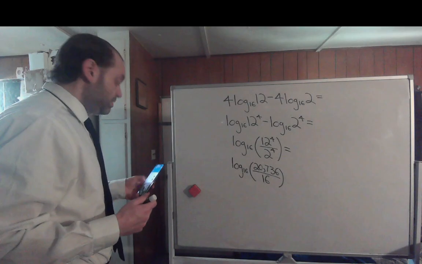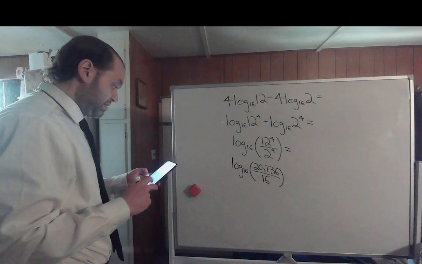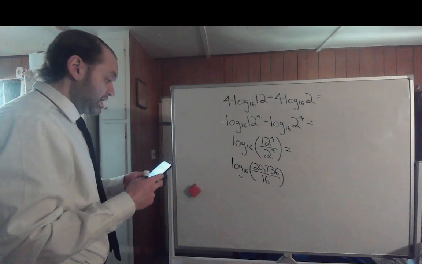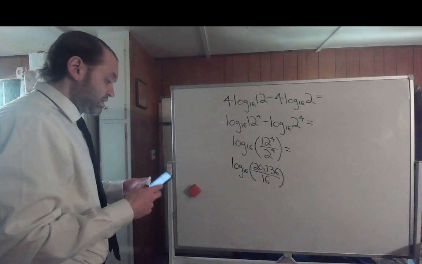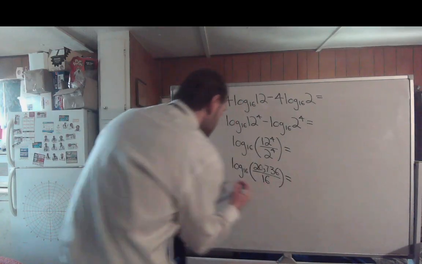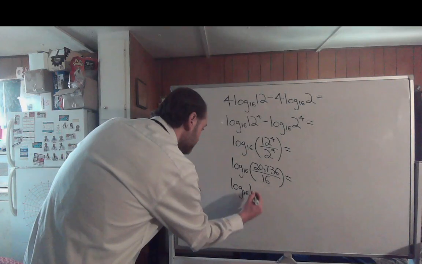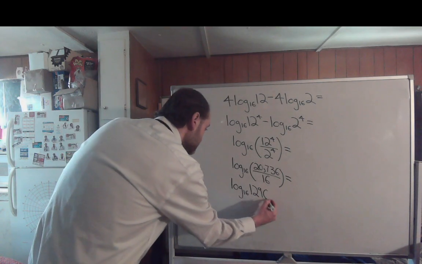Alright, well, let's see if 20,736 divides by 16. It does. You get 1296. This would turn into log base 16 of 1296.